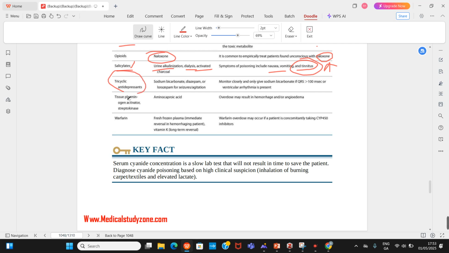So TCAs, we are going to notice that this ECG is going to show widening QRS complex, more than 100. Or if there's a ventricular arrhythmia, just know that this guy has overdosed on TCA. They could be having anticholinergic features, just like we know, dry mouth, constipation and all those things.